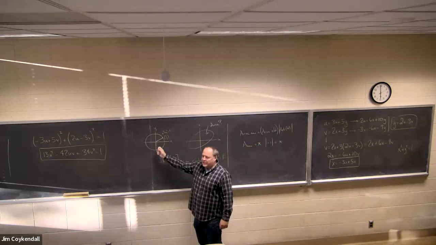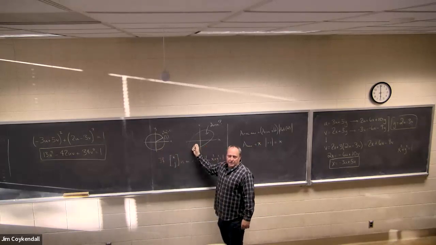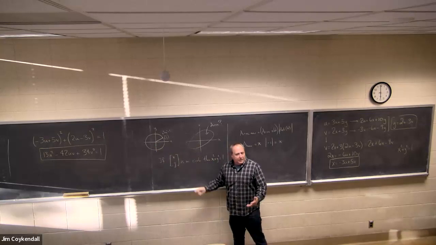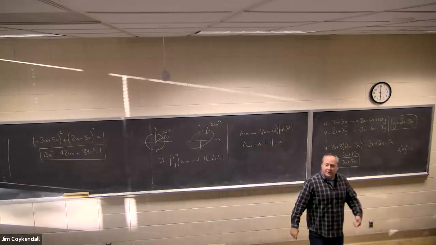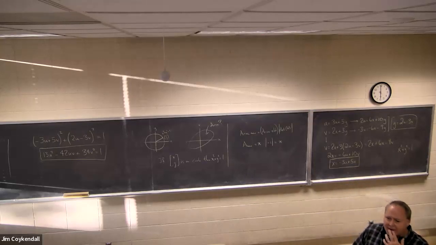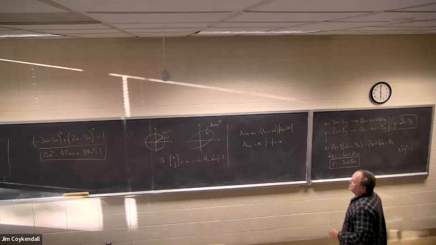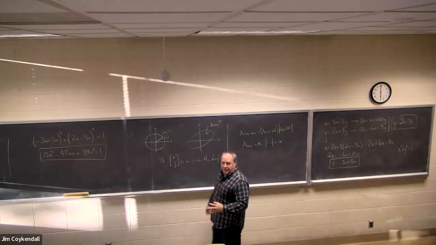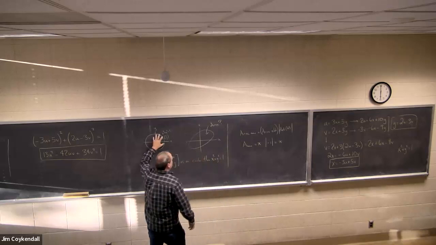I think it's fairly clear the area of this circle is pi. It is not clear the area of this is pi. Yes, I didn't want to confuse my notation. I'm calling things X and Y over here.